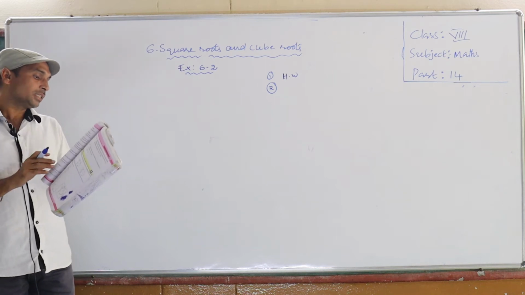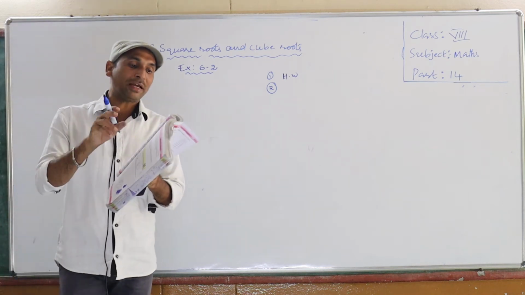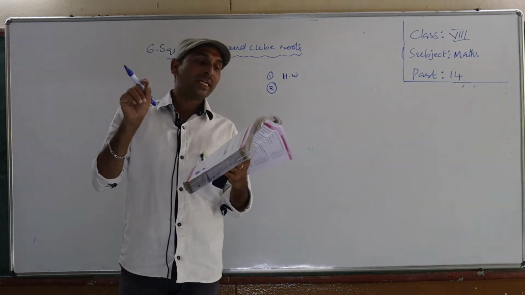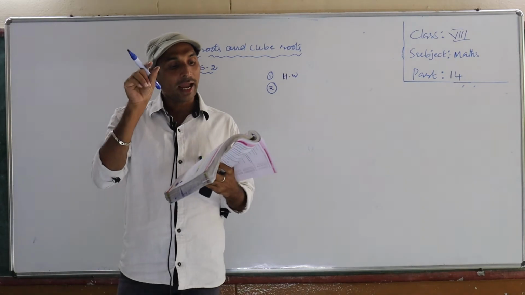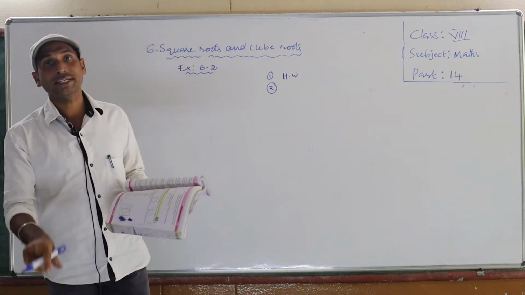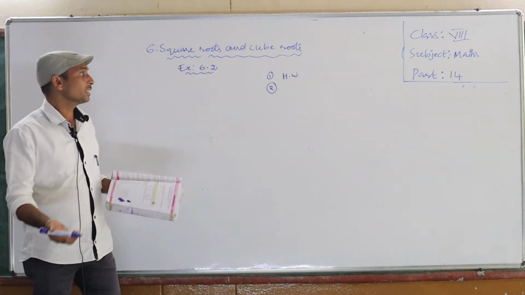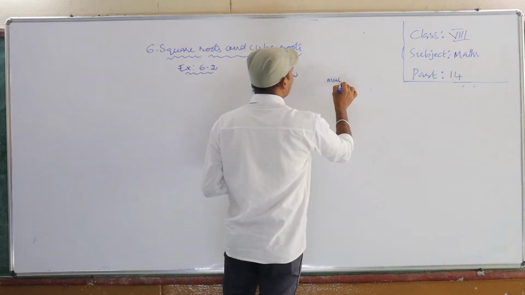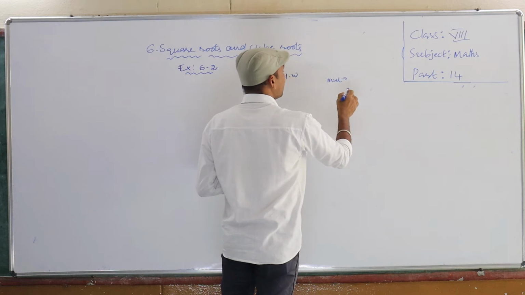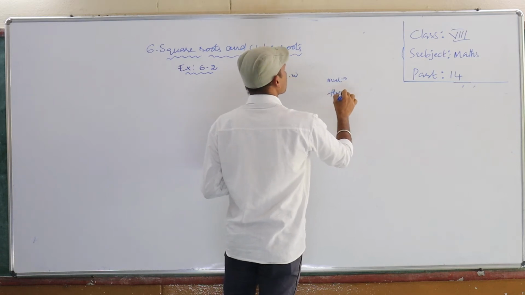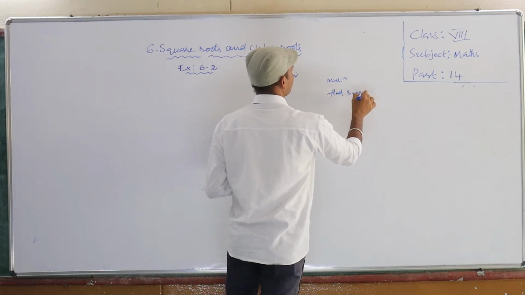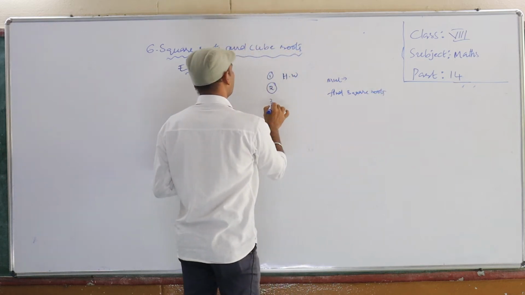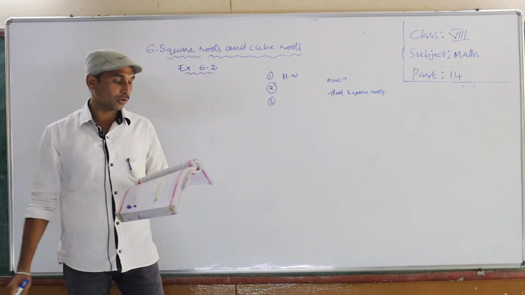Then the third one: find the smallest number by which it is to be multiplied to get a perfect square, and also find the square root after multiplying the number. Already we have discussed this in one example. So this also is homework.